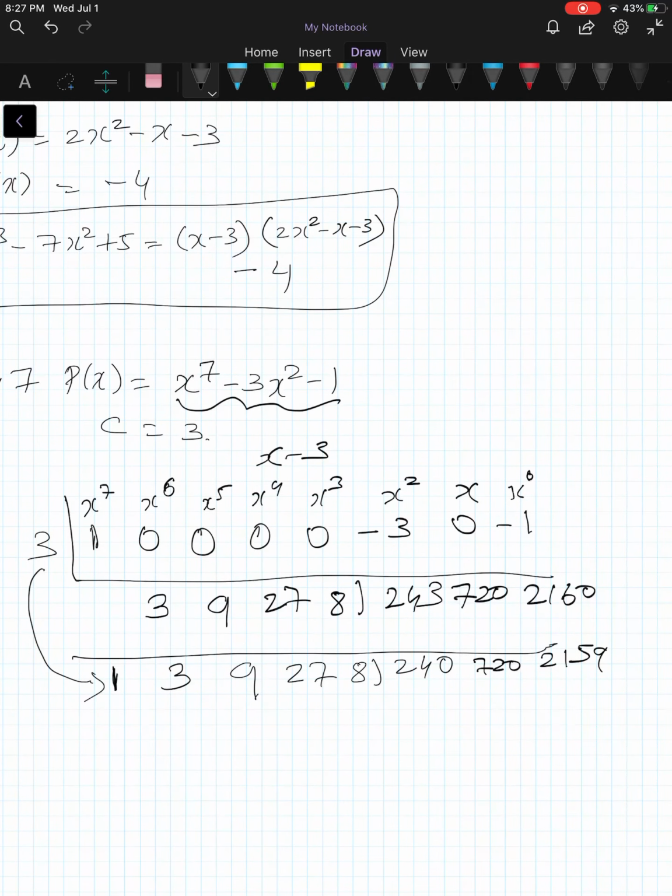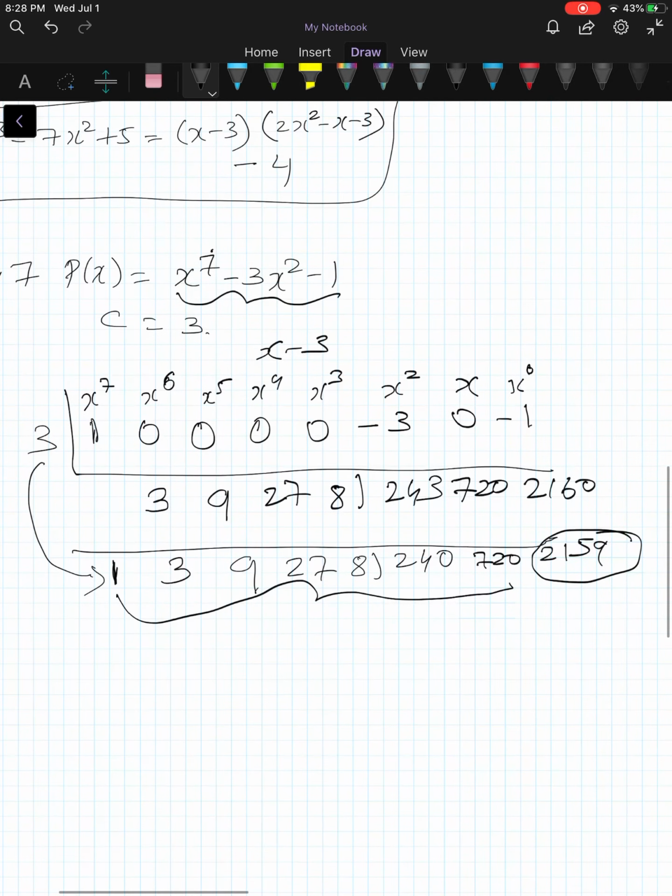The thing to make sure is that you got all the coefficients right. If your p of x is an nth degree polynomial, the number of coefficients that you get in the quotient will be n minus 1, except the remainder. Here you have 6 numbers.